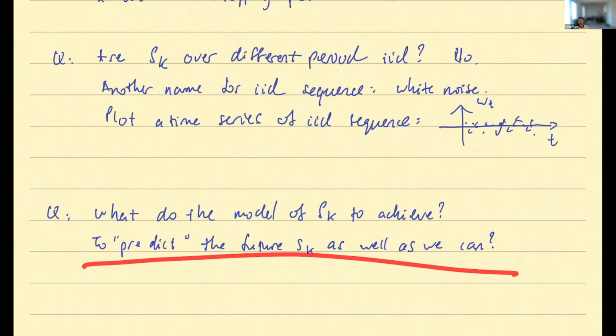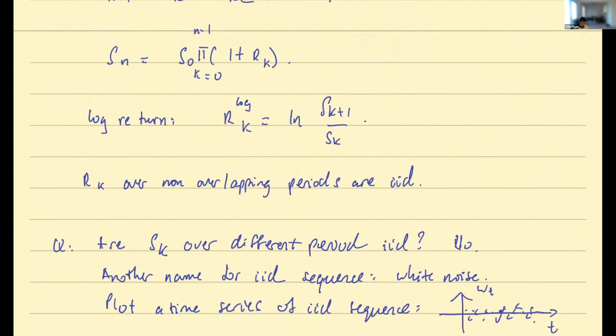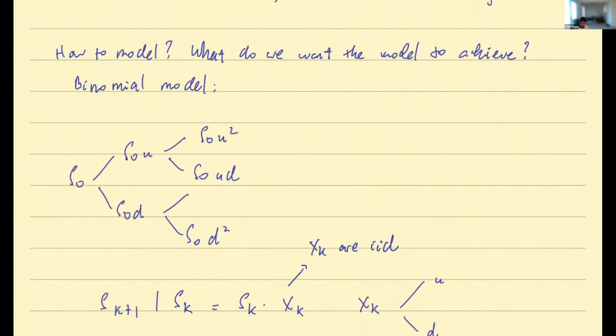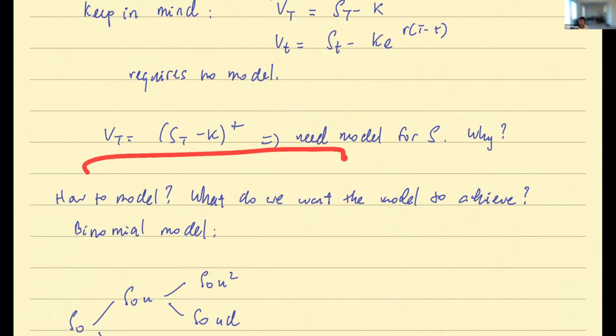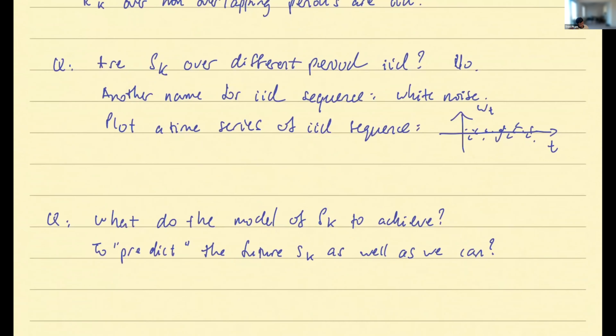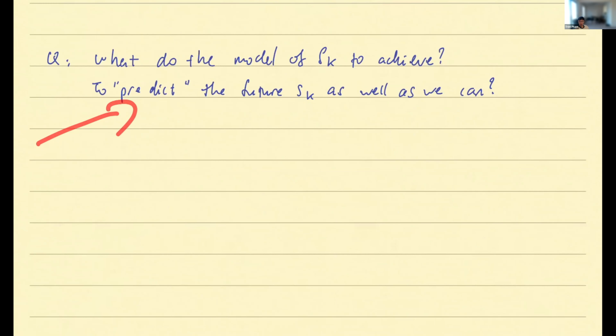Again, I'm not trying to say that this is a wrong purpose, or a wrong thing to do. I'm just asking in the context of what we're trying to do. Don't forget, our job is not to trade. Our job is to price options. And even to trade, we can question that this is what you want the model to do to begin with.